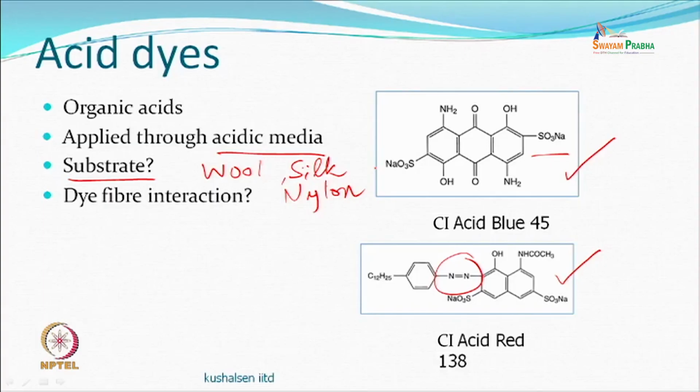So dye-fiber interaction is ionic, and wash fastness can be an issue because they are smaller molecules, and ionic bonds in aqueous medium dissociate very easily.